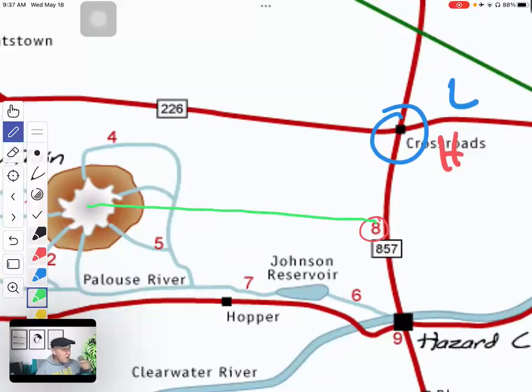Okay, so if ash came that far, is it a stretch to say that ash is going to go that far? Not really. There is a very good chance that ash is going to travel that far as well. It's not that much of a distance. It might be 2 miles, 3 at the most, beyond the distance that it traveled to point 8.